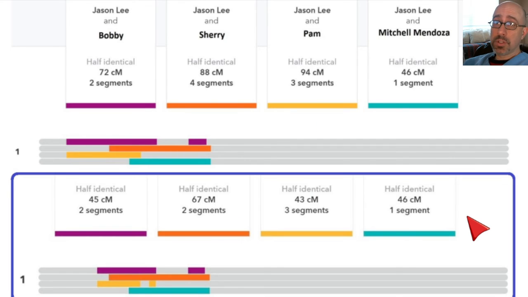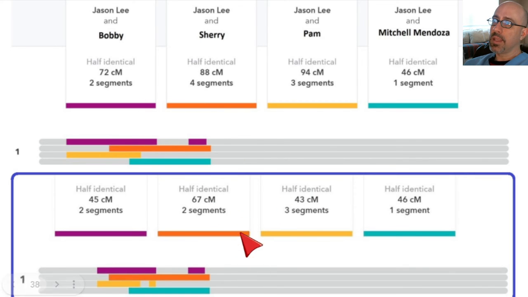And one of the things I do, where the chromosome browser is not as flexible and versatile as the chromosome browser at 23andMe, is to compare a group of matches not with each other but with one of my kids, and that's a little shortcut that can be very useful, very powerful. So here in the upper portion of the slide you're seeing all of these people being compared with me.